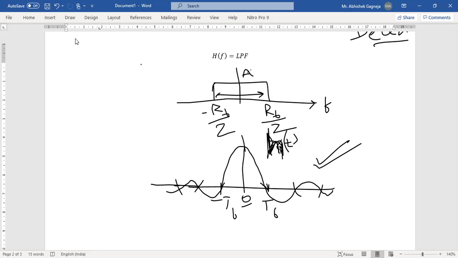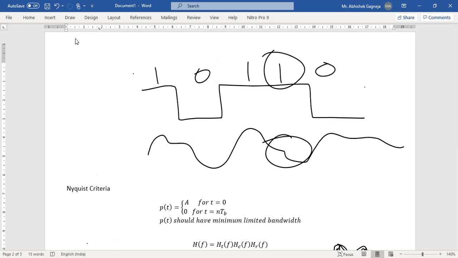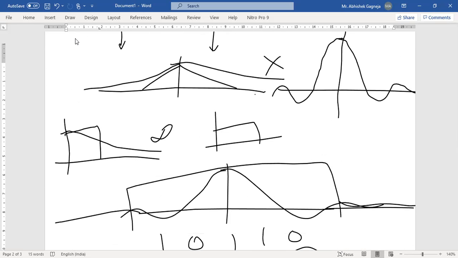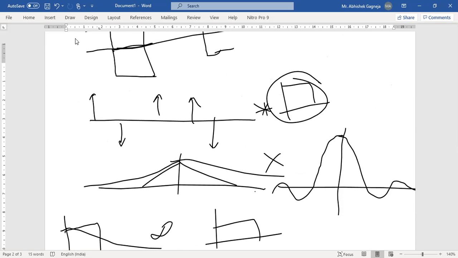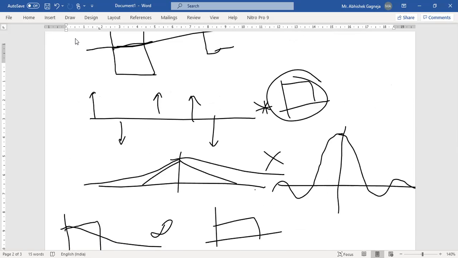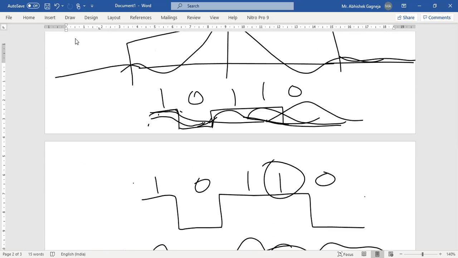Okay. So what is the idea? What is the criteria? How do I do this? So this entire theory that you've just understood is called intersymbol interference. How the books define intersymbol interference is when one symbol spreads and smears into the decision boundary of the consecutive or other symbols.